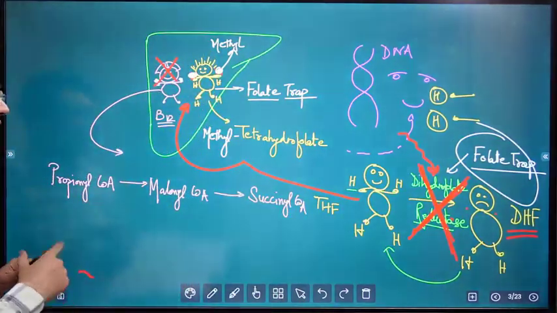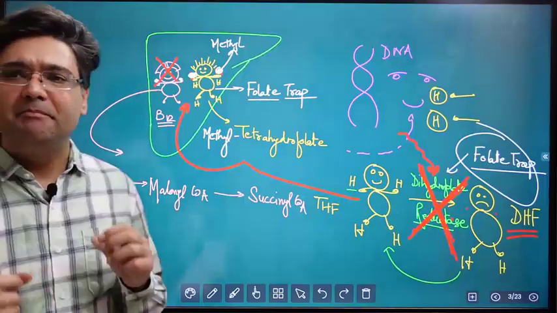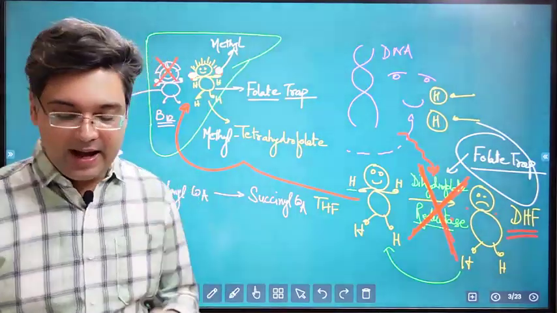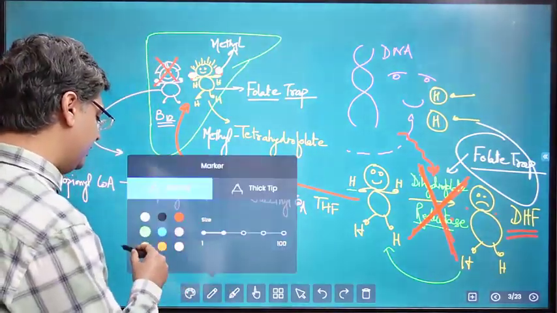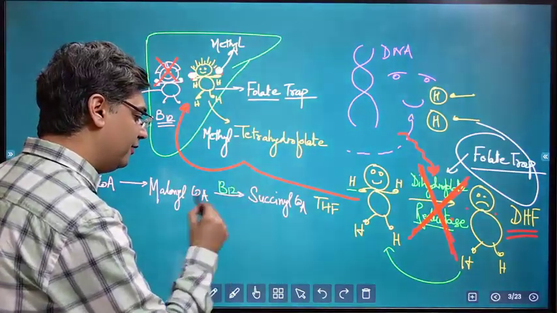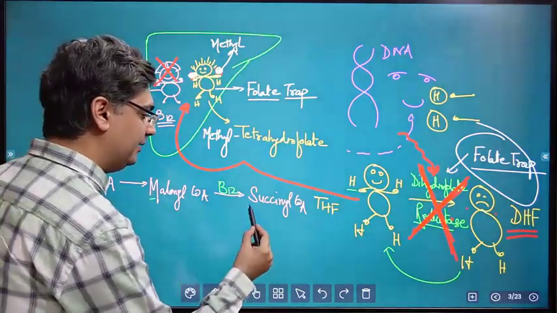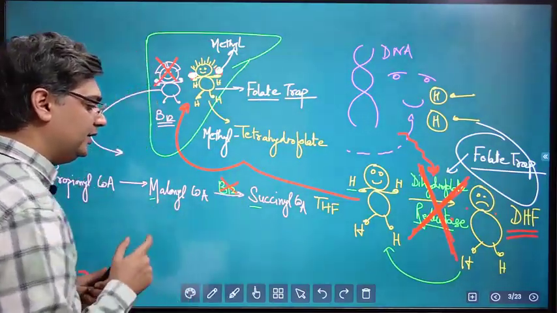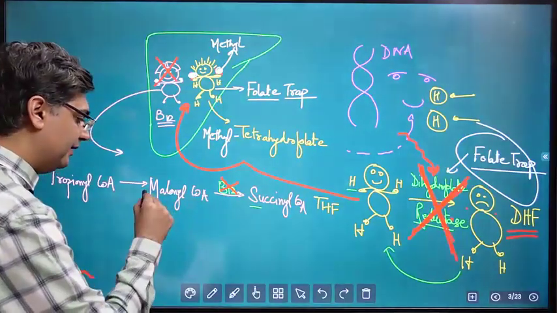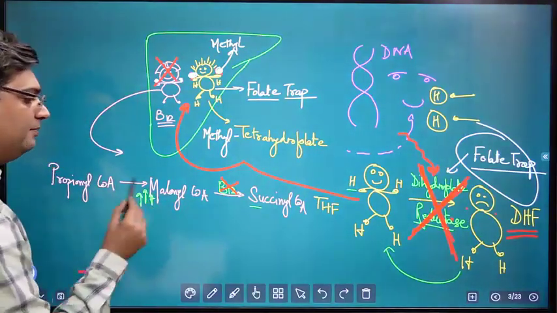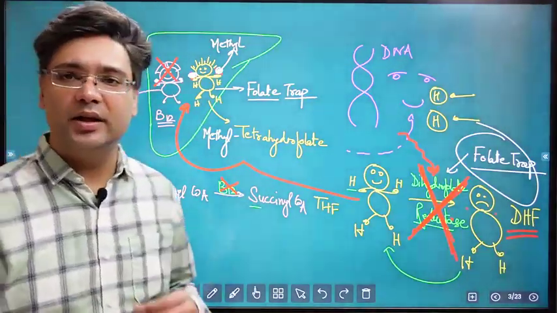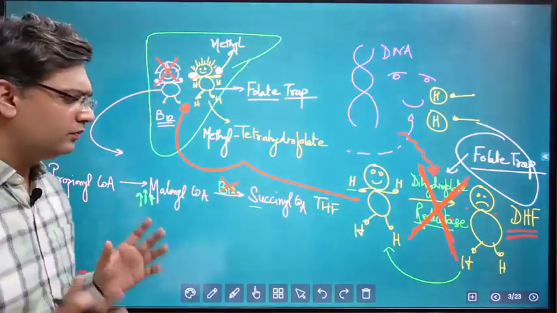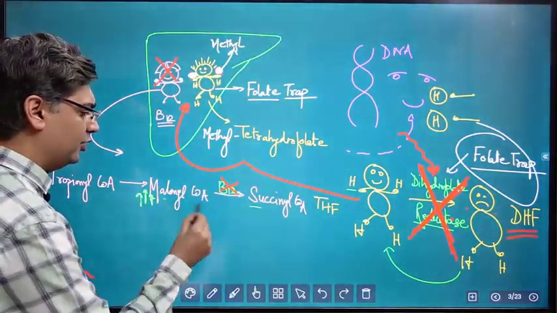Now the malonyl coenzyme A is not a good substance, and B12 is required for the conversion of malonyl coenzyme A into succinyl coenzyme A. In B12 deficiency there would be an increased level of malonyl coenzyme A because it is not being converted into succinyl coenzyme A. It's not a good compound.